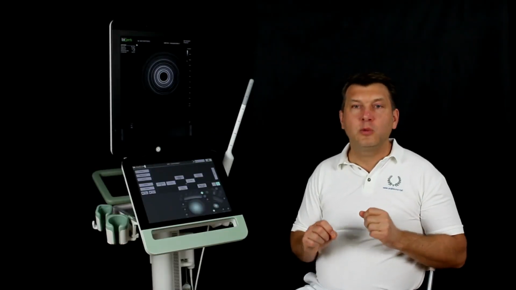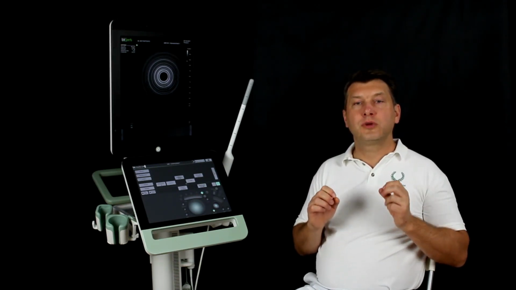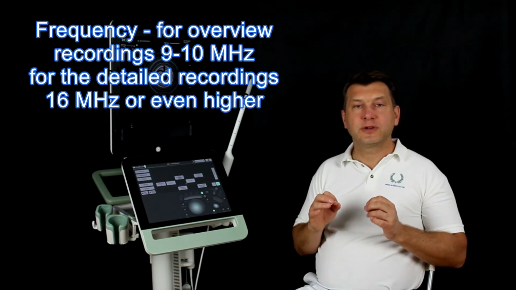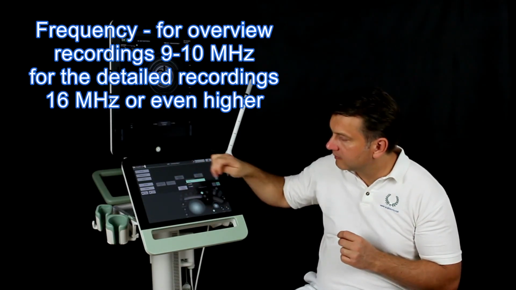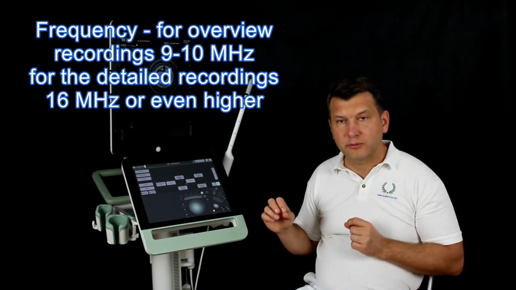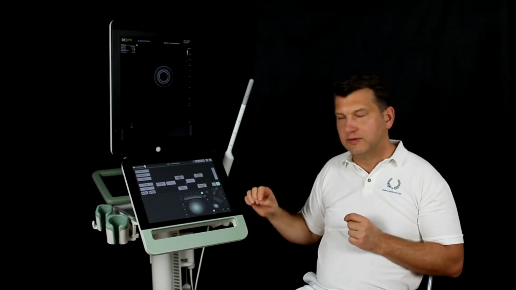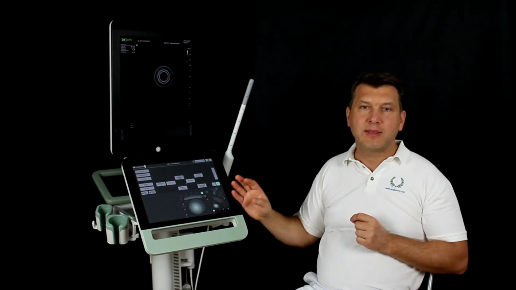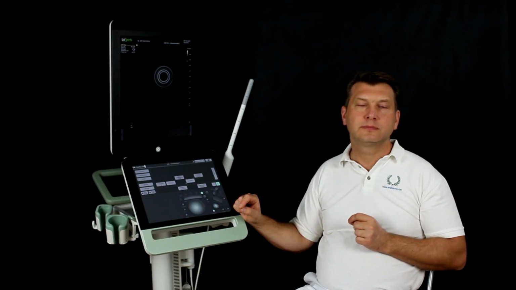In summary, we can say for our 3D sonography assessment: frequency for overview recordings 9 until 10 MHz. For the detailed recording as high as possible. That means 16 MHz for this probe and 14 MHz for 9038 probe.